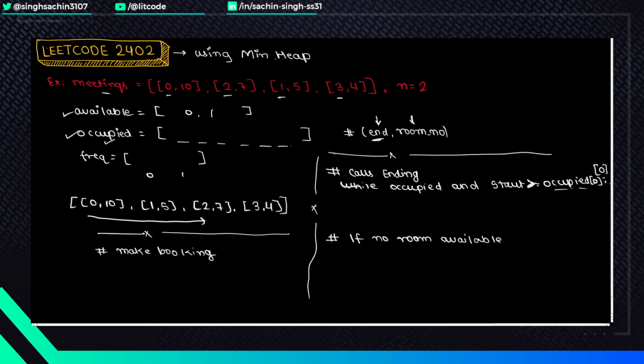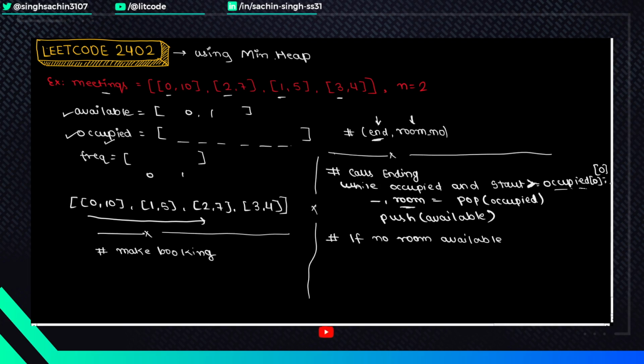If it is getting free, then we'll get two values, right? End time and room number. We will be popping out from the occupied heap, and once we have this room available, you can push this in the available heap.